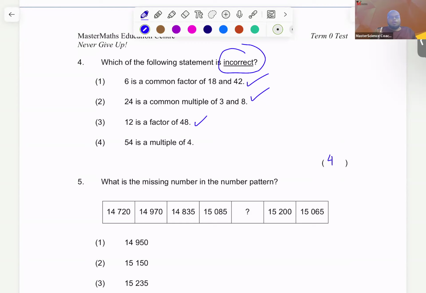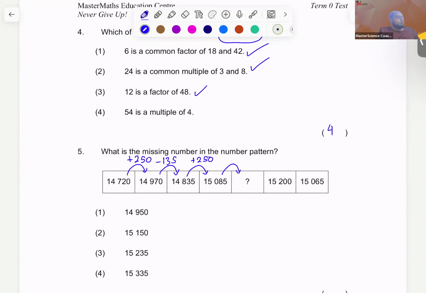Now from here to here, what could it be? One was plus 250, the other one was minus 135, then plus 250 again. So the next one will be minus, very good, minus 135.